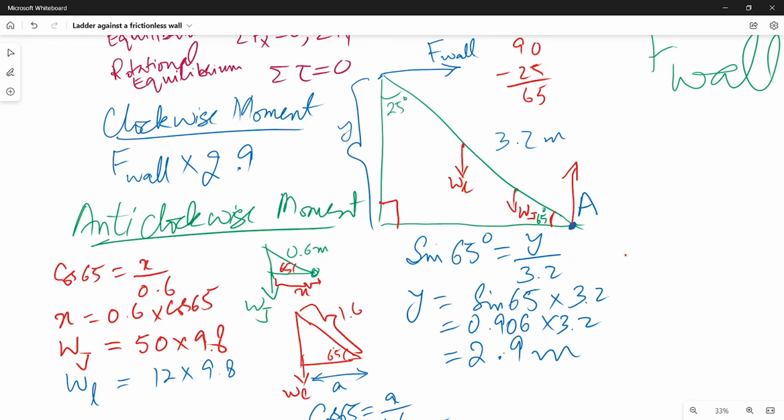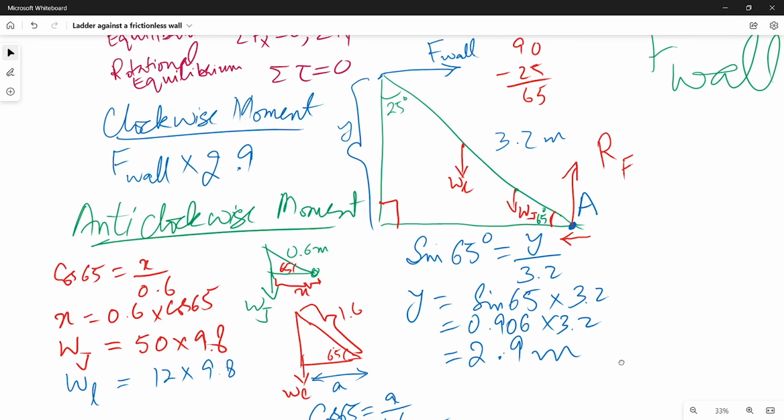This one is a reaction force from the floor, let's say Fr, a reaction force from floor. And it also has a horizontal one.